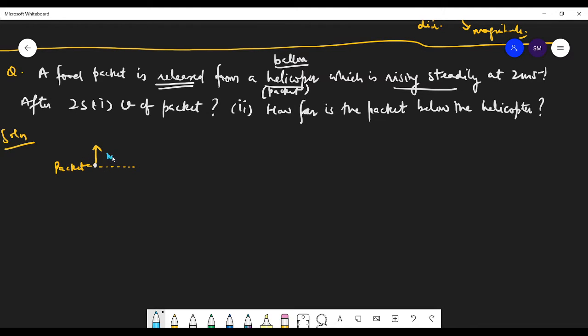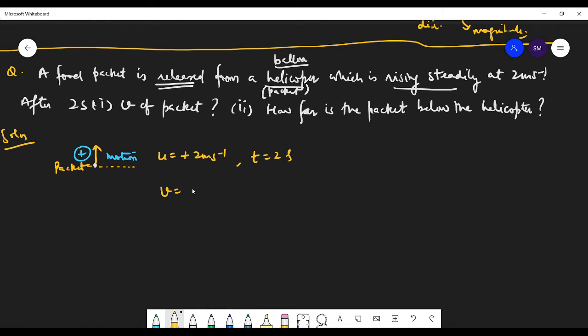So direction of motion, first of all, we always have to see the direction of motion. We always take this direction as positive, which is the direction of motion. Now let us see what the vectors are. So u will be positive, of course, 2 meter per second. Time is given to us this time, 2 seconds. So what will be the velocity?